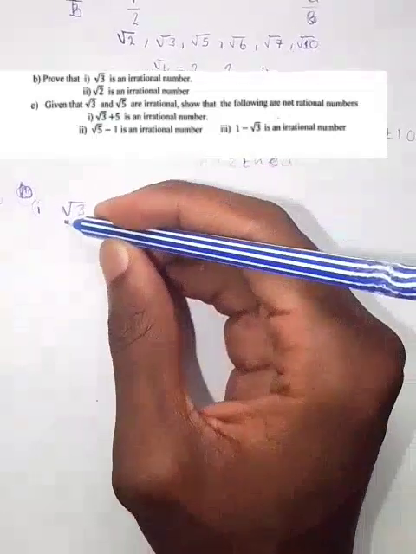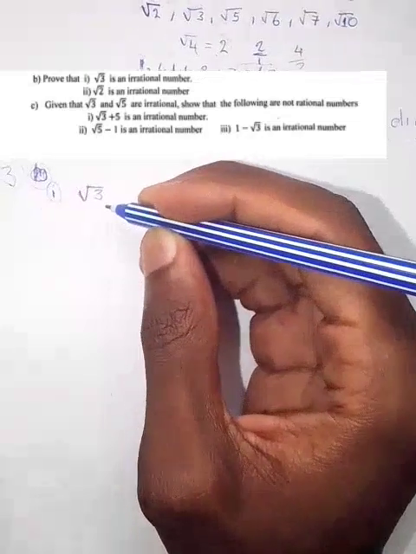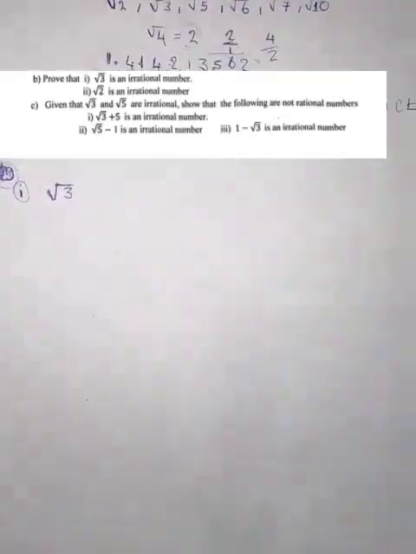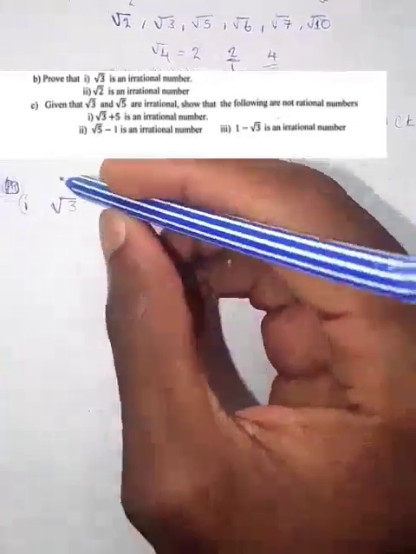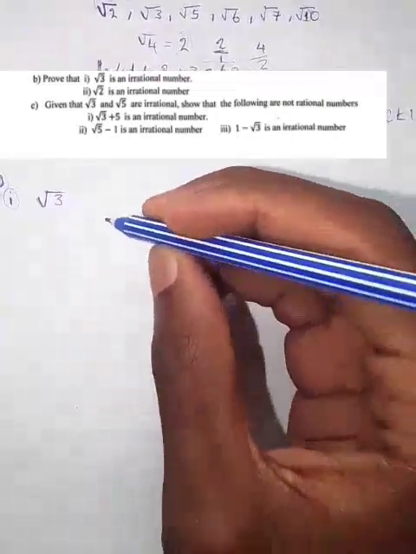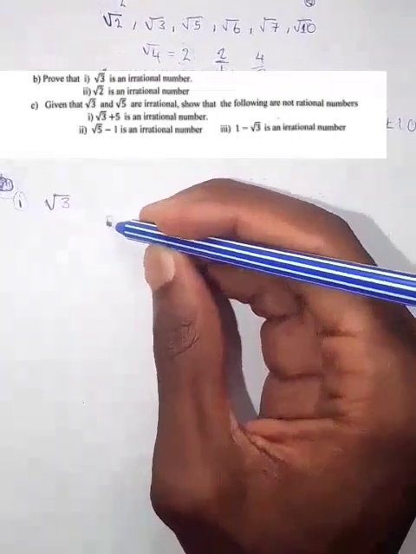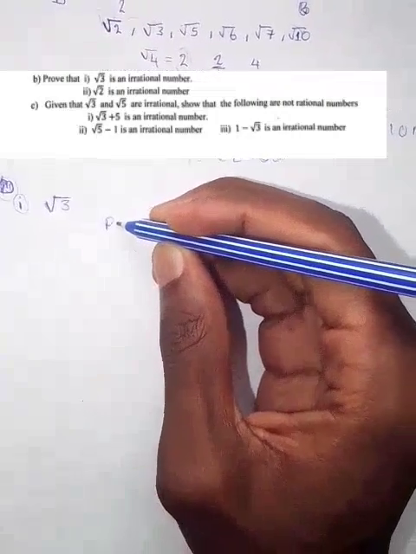So they already know that it is irrational. They just want you to prove it. So now, how do we prove it? Before you start proving, make sure that you write that you are proving by contradiction. Your lecturer needs to see this.